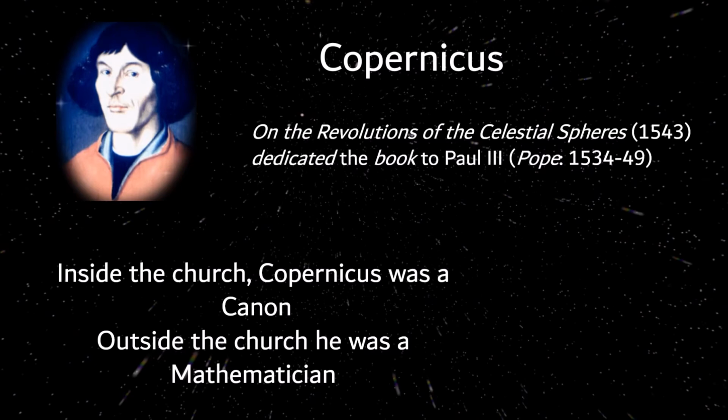His primary book, The Revolutions of the Celestial Spheres, was dedicated to Pope Paul III. Inside the church, Copernicus was a canon, that means a church official. Outside the church, he was a mathematician.